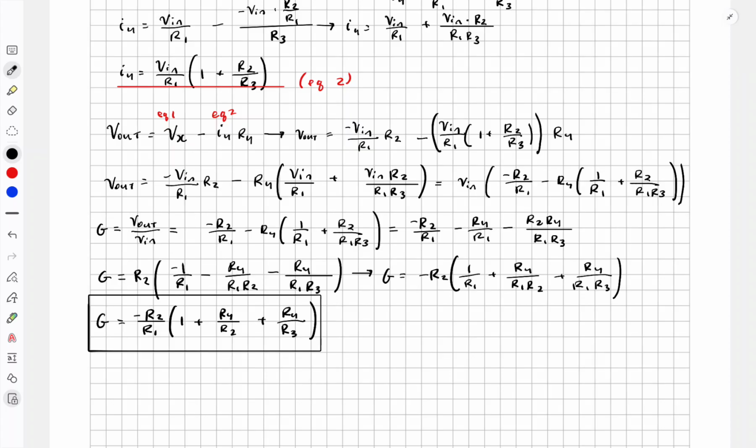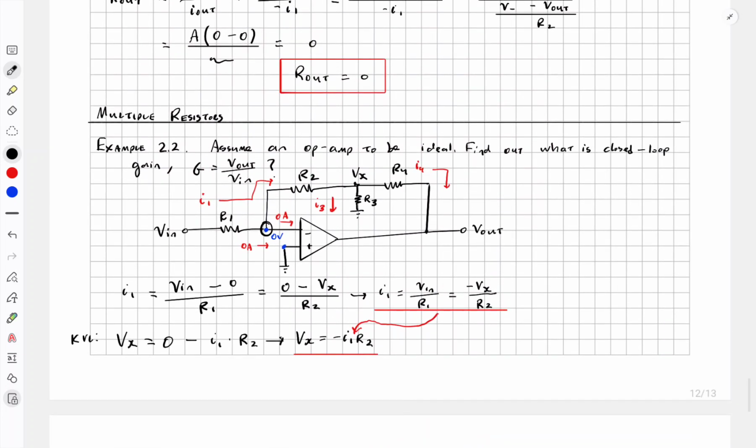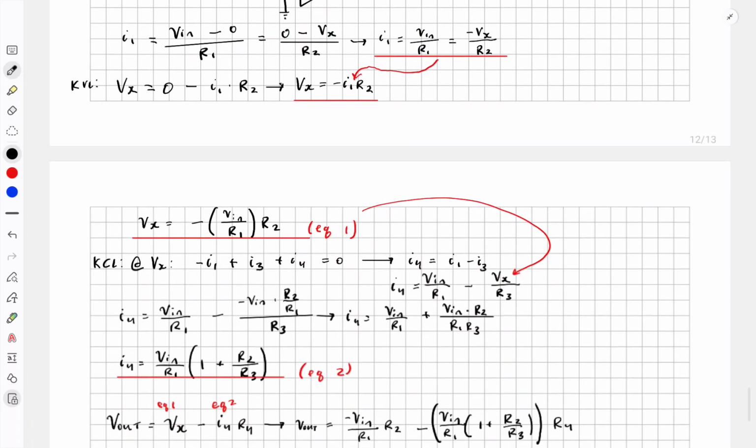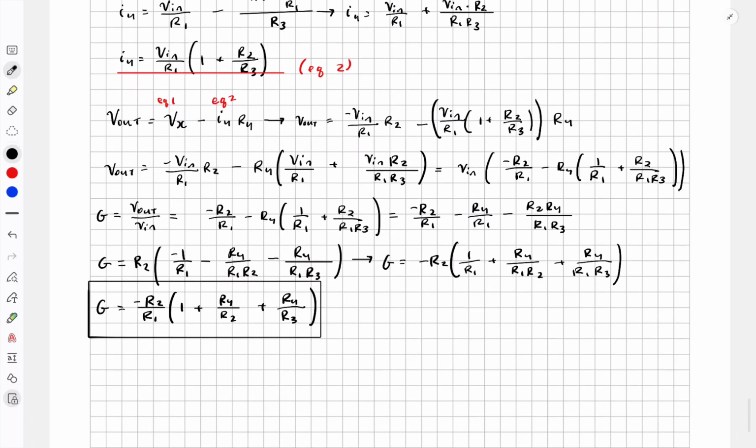So now we did some analysis to figure out the gain of this circuit. This time we're having many resistors. And as you can see here, the closed loop gain only depends on the resistor values. It does not depend on the open loop gain if it's an ideal op-amp.